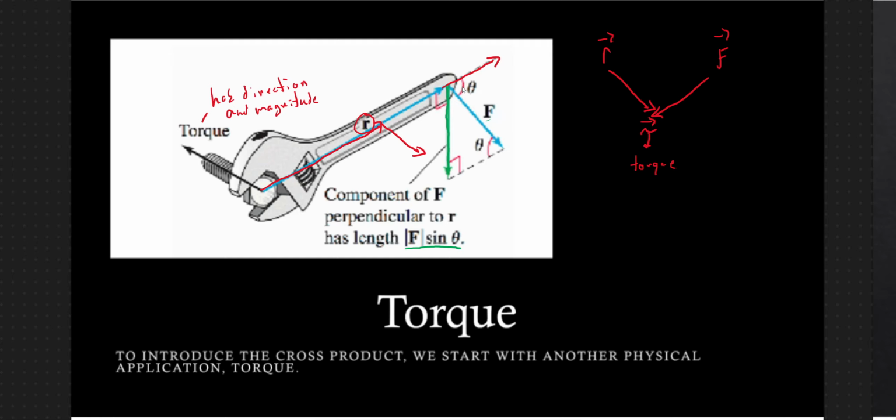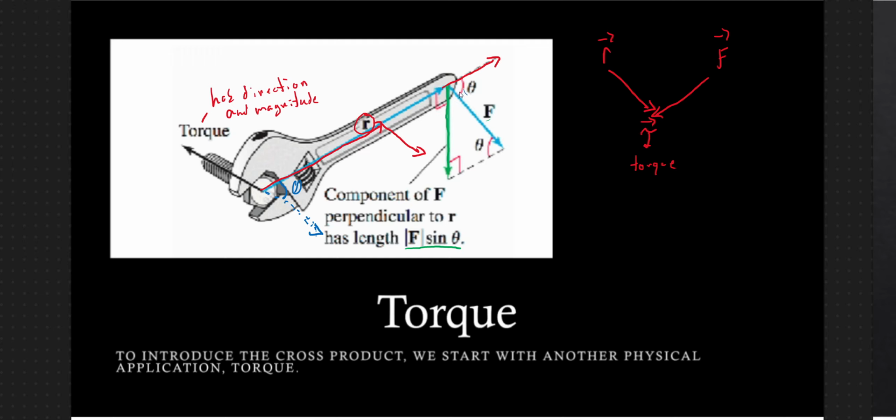Well, theta here is our angle between the force vector and the r vector. If I take this force vector, for instance, and I'm not applying the force down here, but if I just take this force vector and move it down here, and look at it down here, where the nut is, we will have this angle theta here. That's the same angle theta here.